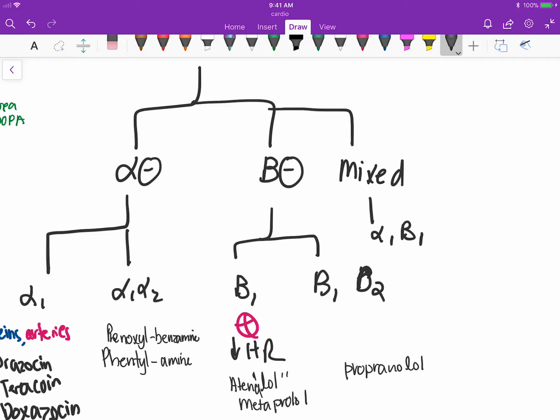And then you have some mixed drugs like labetalol, and then carvedilol. So they decrease the heart rate as well as dilate veins and arteries. That's my symbol for veins and arteries.